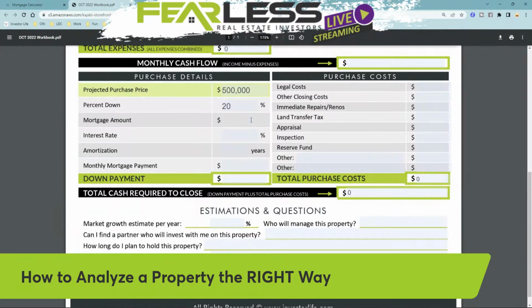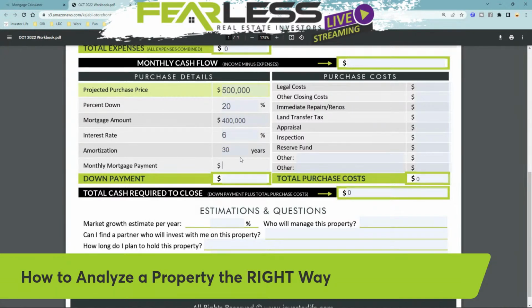That makes our mortgage $400,000 at 20% down. And for today's example, let's use an interest rate of 6%. That's what our mortgage broker has told us already that we're going to be able to get on this property, 6% on a particular mortgage. And for our amortization, we're going to get a 30-year amortization.